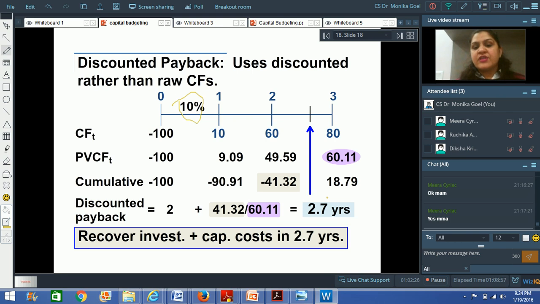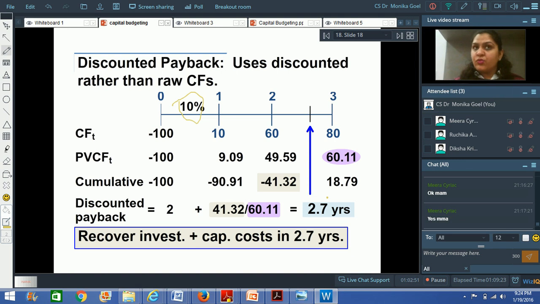Now I want to know my payback period, that is my discounted payback period. It is going to be somewhere between year 2 and year 3. So what I do, 2 years plus how much? I want 41.32, and how much am I getting? I am getting 60.11. I just want to know where I would be getting 41.32. So that will come in 2.7 years.